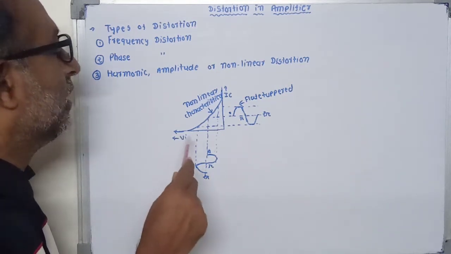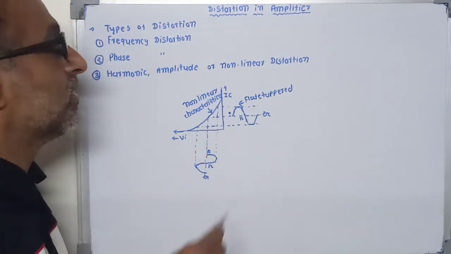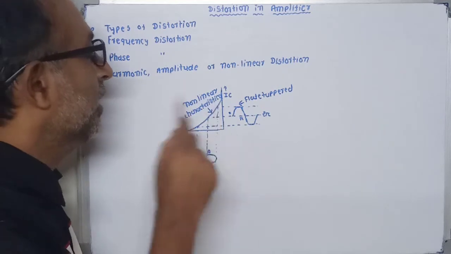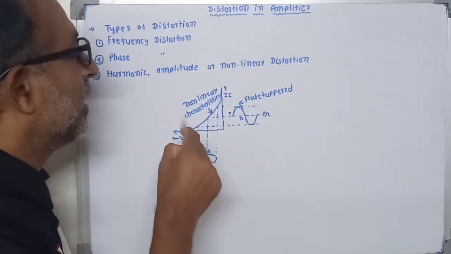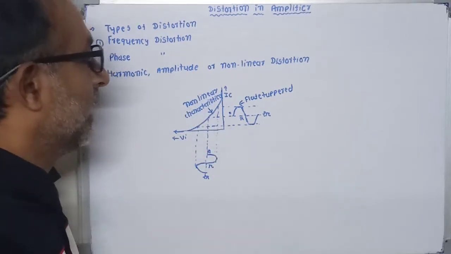Here, as shown in this figure, the characteristics of the device are not linear. That means the dynamic characteristics of the device are non-linear.